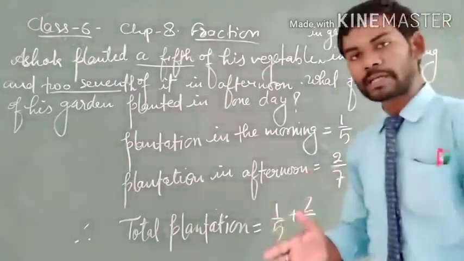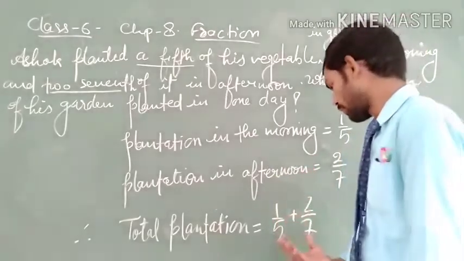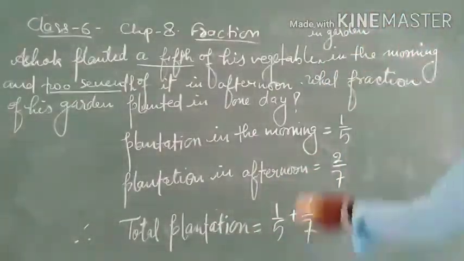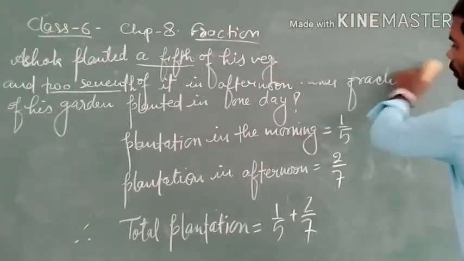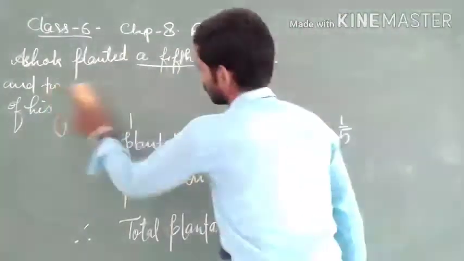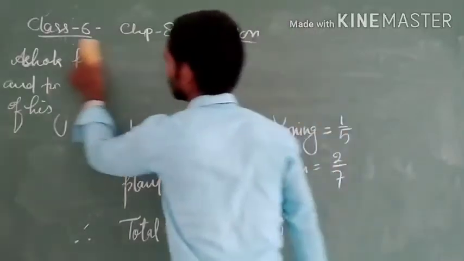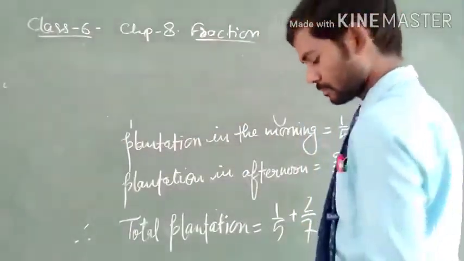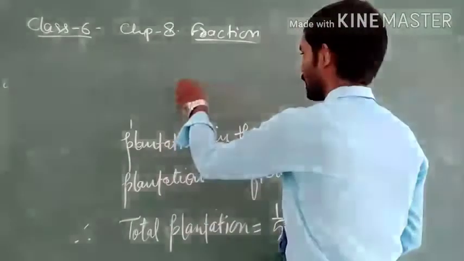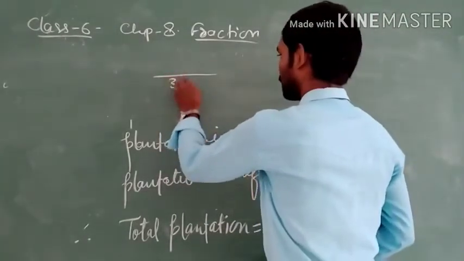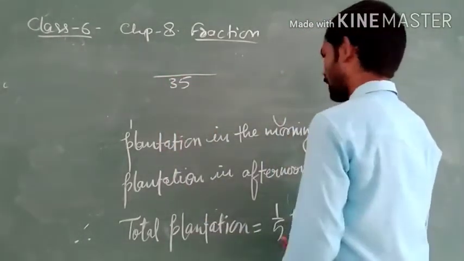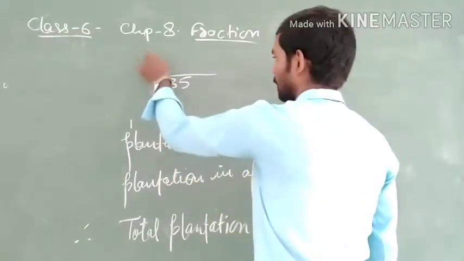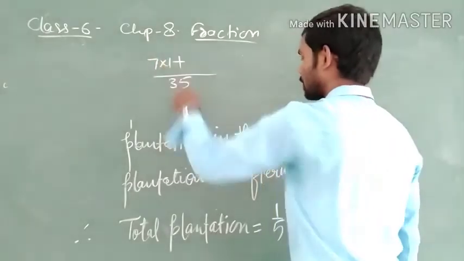Here both fractions have different denominators, which is unlike fractions, therefore we shall find their LCM to get our required result. The LCM will be 35. Divide 35 by 5, you will get 7, and 7 multiplied by 1.